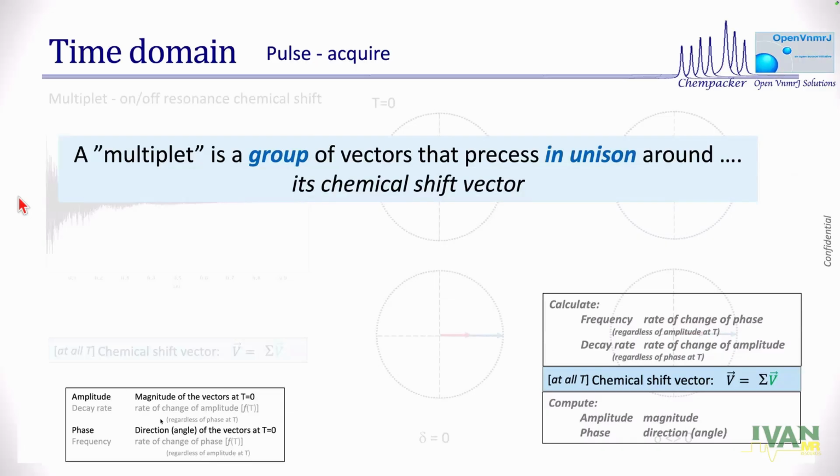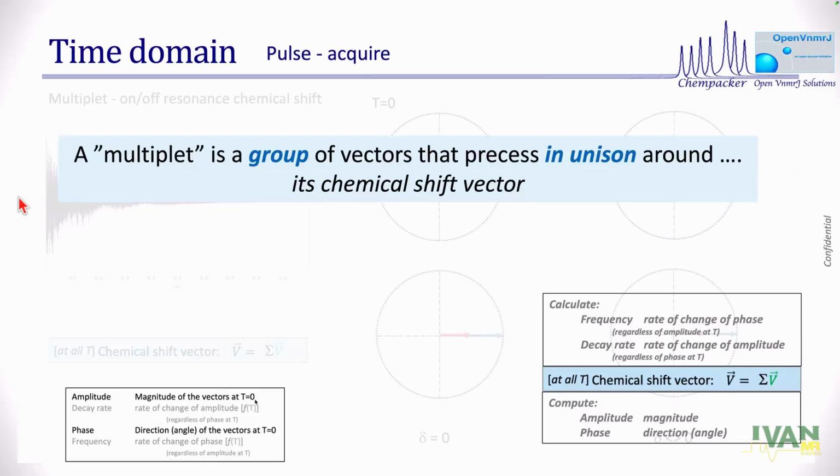Then once I know the amplitude and phase, the frequency is nothing but a rate of change of phase. If I know the phase at every time point of the chemical shift of the multiplet, then I know the phase of the chemical shift at those time points. If I know the amplitude of the vectors of the multiplets at every time point, I can calculate the amplitude of the chemical shift vector, the elusive chemical shift vector, at those time points.